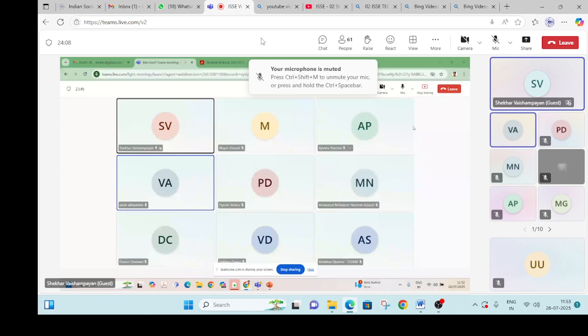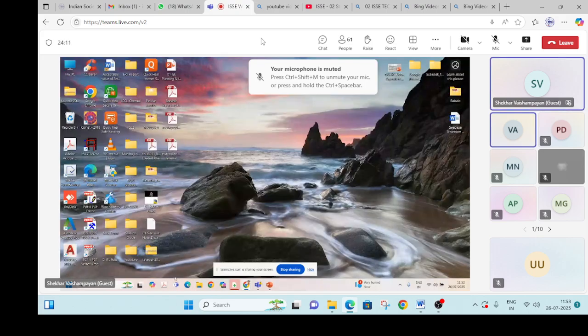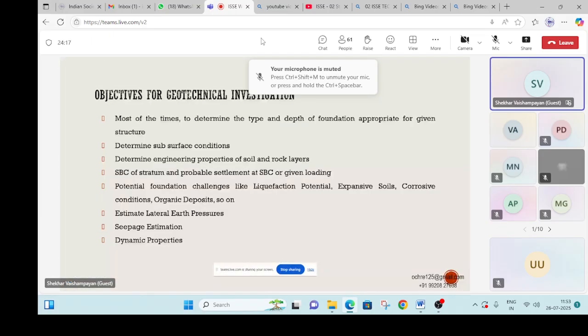Now it is coming. Visible now? Yes, sir, visible. So far, this has not been a problem, right? Mr. Vivek, can we go ahead? Yes, you can go ahead, sir.